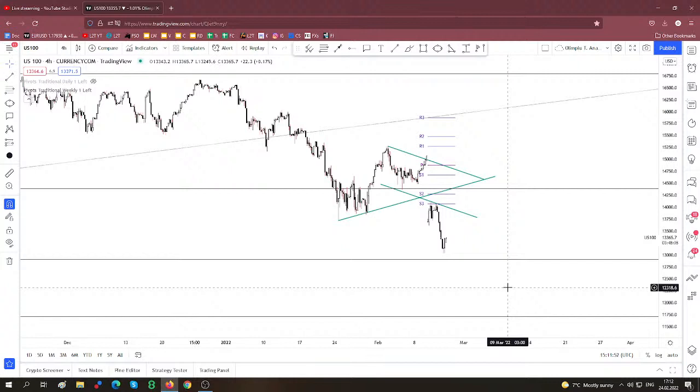Maybe after it will reach the 38.2 retracement level or something. Yeah, very important. But right now, yeah, the bias is bearish. The US 100 is in a corrective phase, so let's wait, guys. So maybe only temporary rebounds could bring new short opportunities.